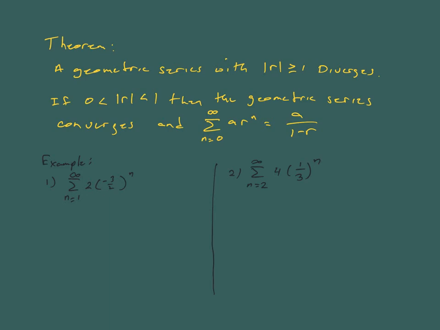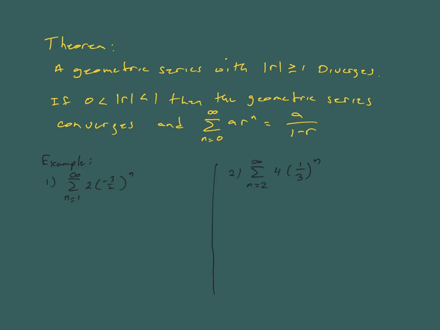We have a geometric series where the absolute value of r is greater than or equal to 1. We know that series is going to diverge. If the absolute value of r is between 0 and 1, then the geometric series converges, and the sum that it converges to is a over 1 minus r.